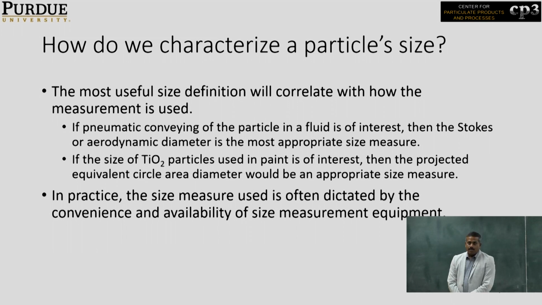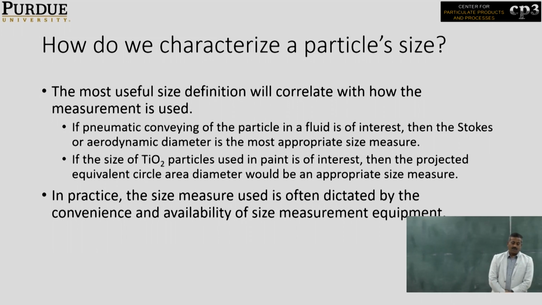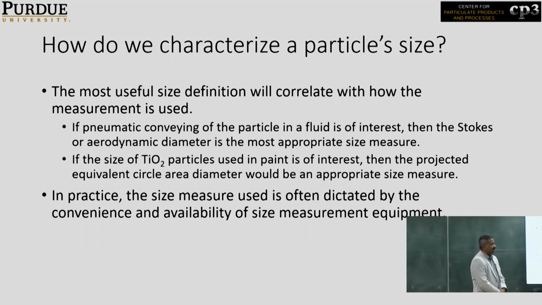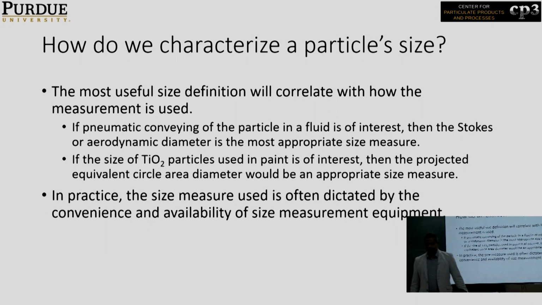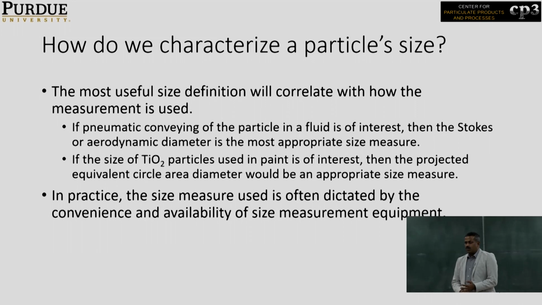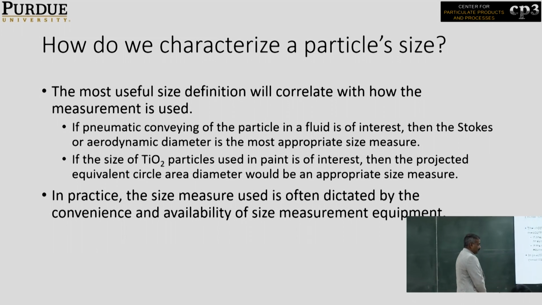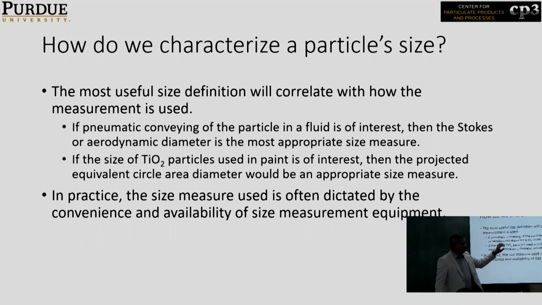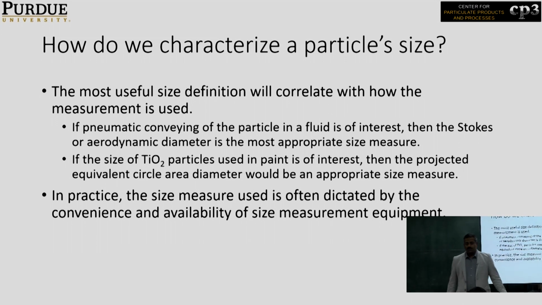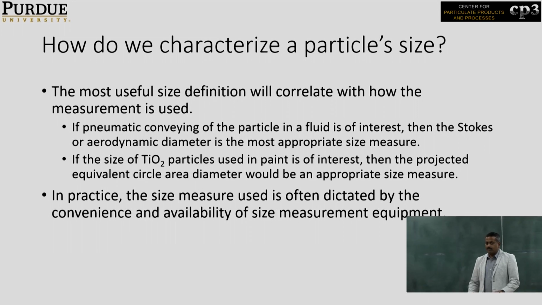But most importantly, how do we characterize size? We correlate it with the end use. So why do we measure the size? Just as an example, if you are measuring size for pneumatic conveying, then we use the Stokes principle or aerodynamic diameter of the particle for pneumatic systems design calculations.